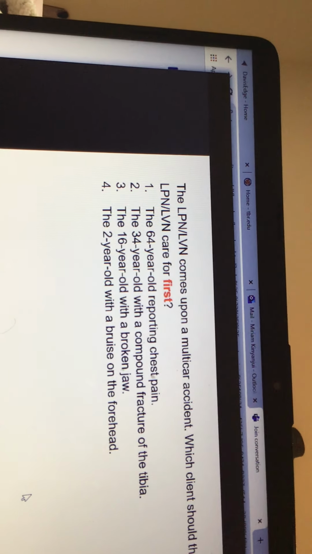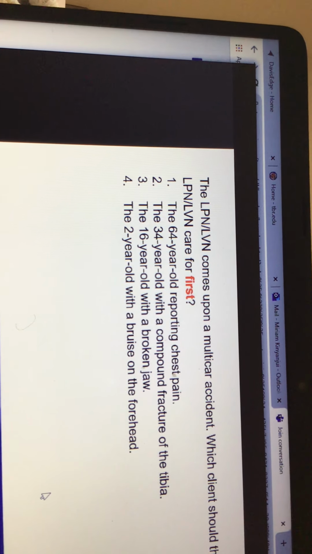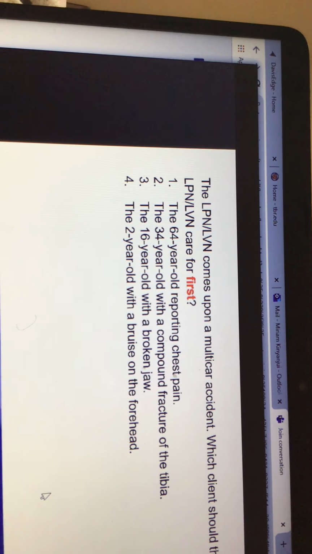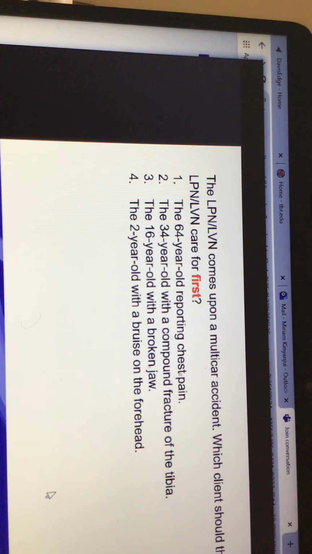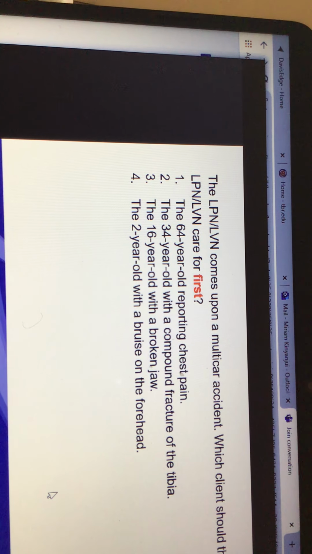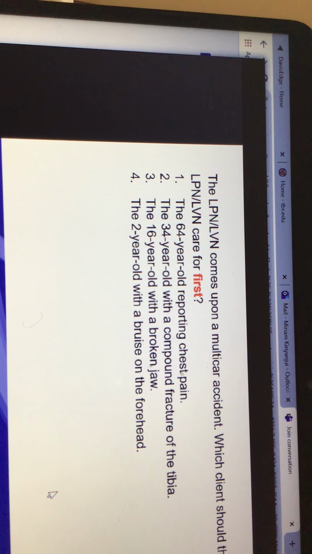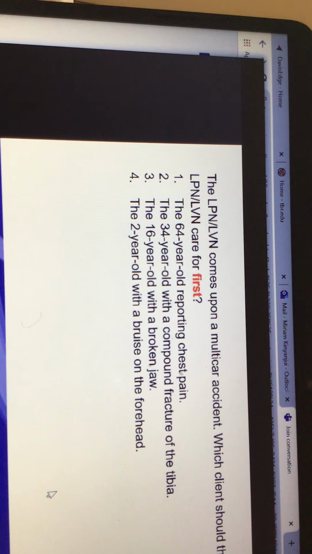So let's look at each one. A 64-year-old reporting chest pain. Yikes. A 35-year-old with a compound fracture of a tibia. A 16-year-old with a broken jaw. A 2-year-old with a bruise on the forehead.